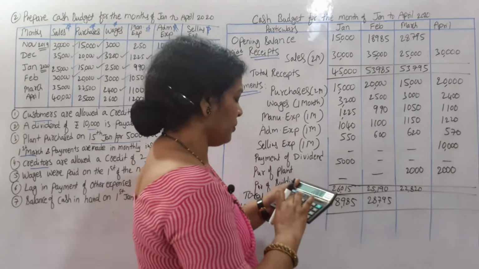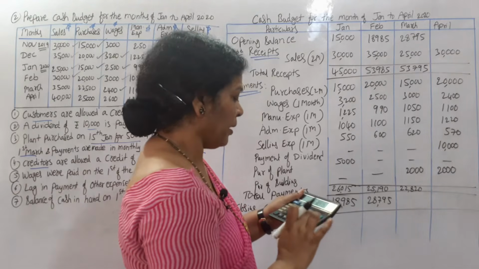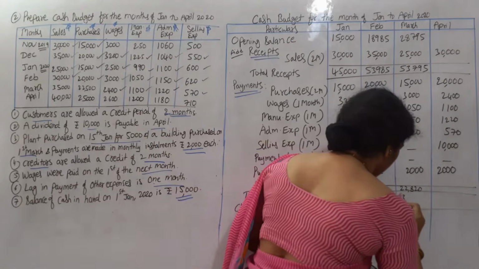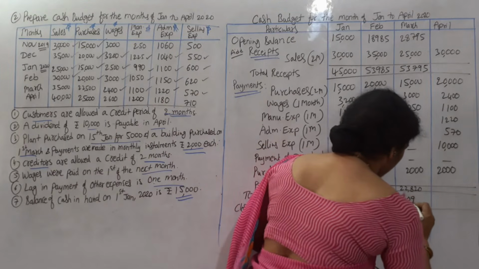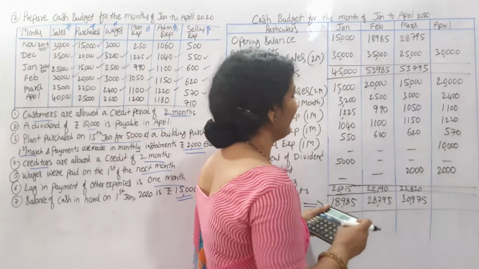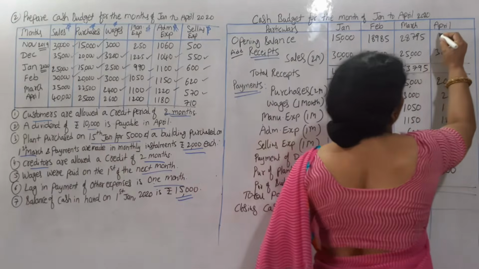If you see the difference, 53,795 minus this one, you are getting 30,975. Are you getting the same answer? So this will be the opening balance of next month, 30,975.